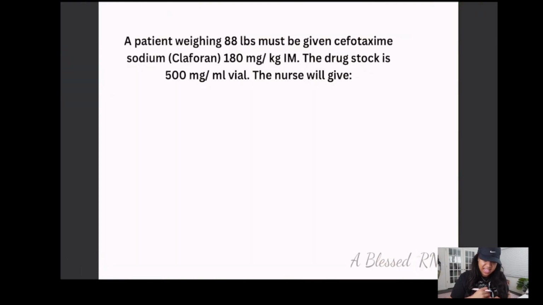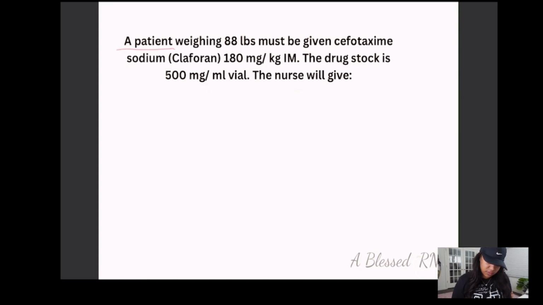A patient weighing 88 pounds must be given cefotaxime sodium 180 milligrams per kilogram IM. The drug stock is 500 milligrams per milliliter vial. The nurse will give. Let's figure out what the nurse is going to give. All right, background information.